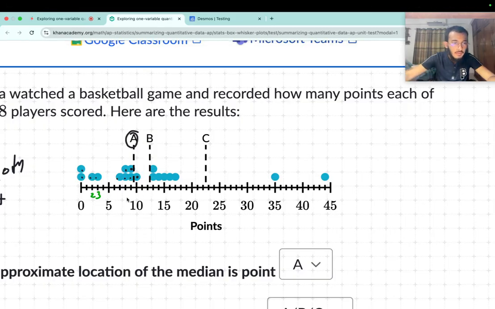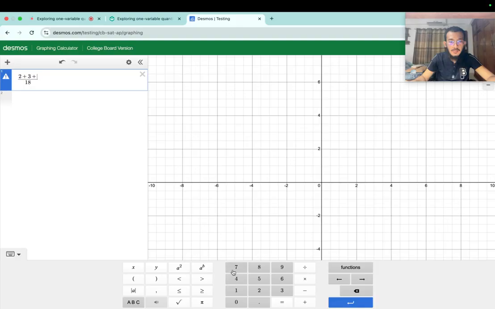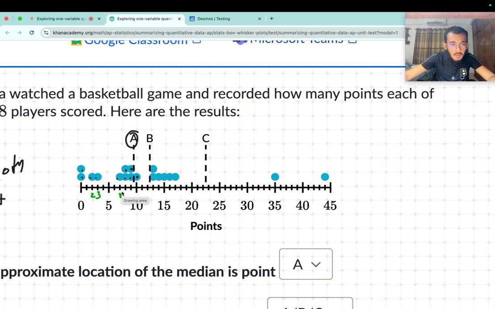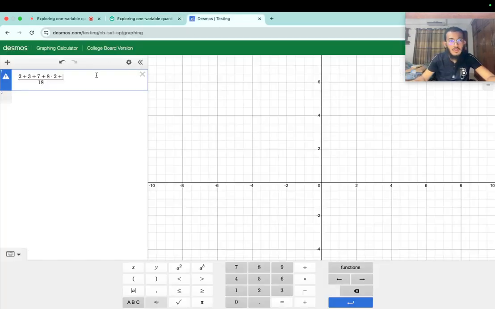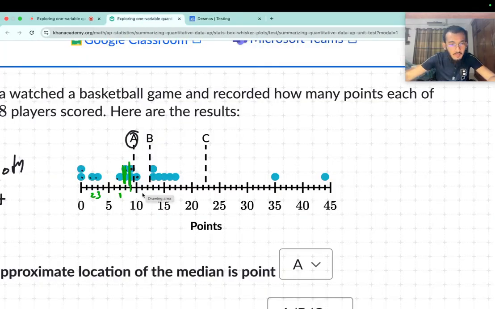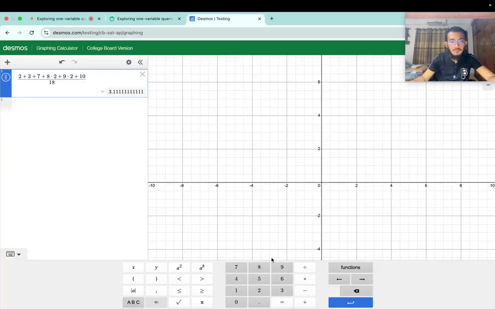Then we would have 5, 6, 7 once, 8 twice, then 9 twice and 10 once. Then we have 11, 12, 13 twice.